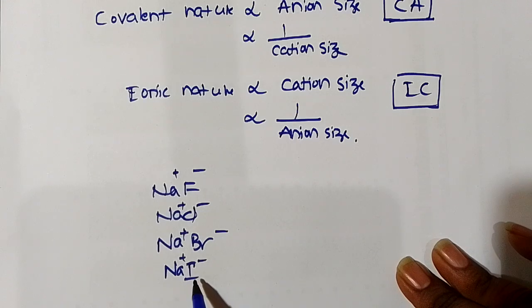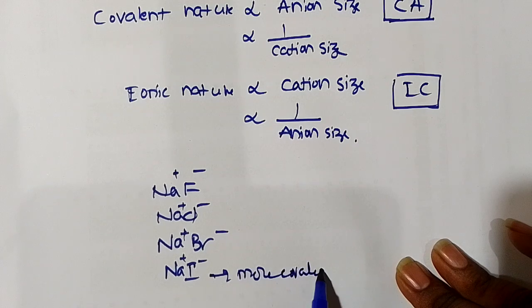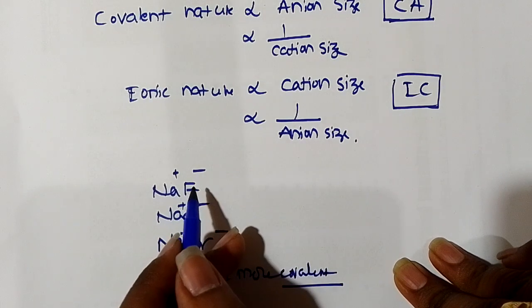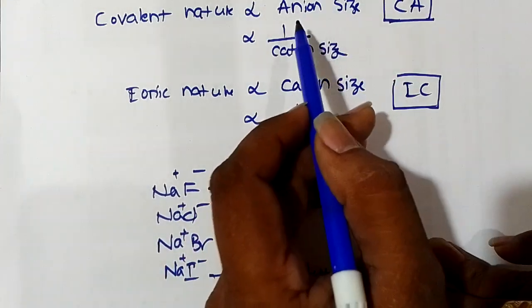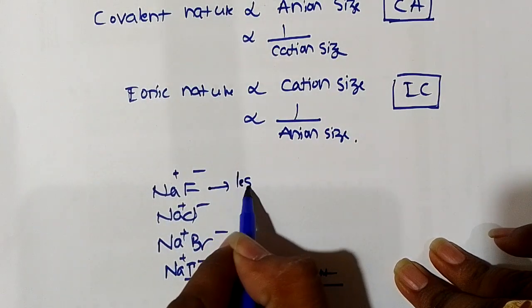Iodide has the larger anion size. That's why it has more covalent nature. And fluoride, F minus, has the smaller anion size. If the size of the anion decreases, covalent nature also decreases. It has less covalent nature.